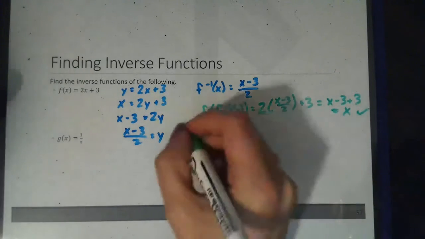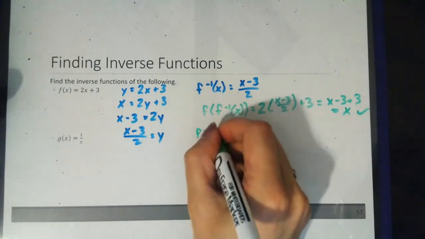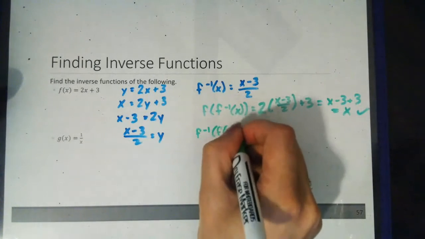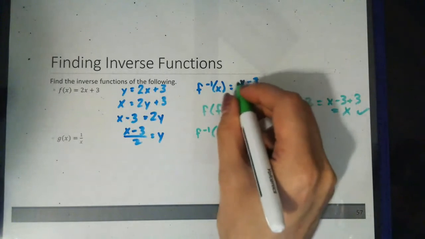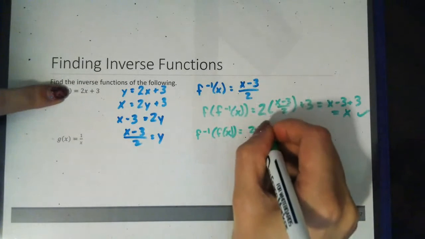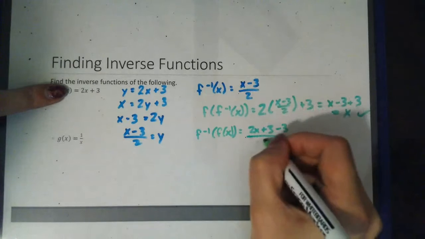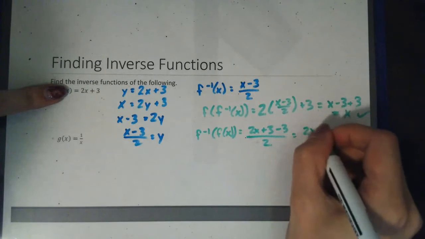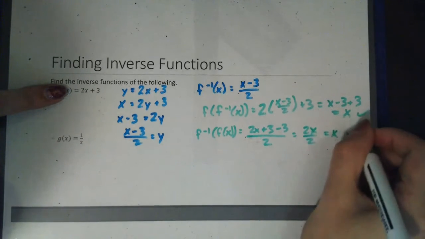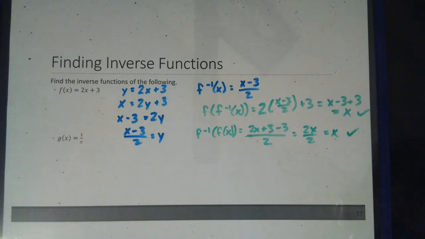So that one checks out. If I check my f inverse of f of x, that's going to be x gets replaced with 2x plus 3. Then I still have a minus 3 in my numerator over 2. That's 2x over 2, which is x. Since I got x in both cases, I know I got the right answer.